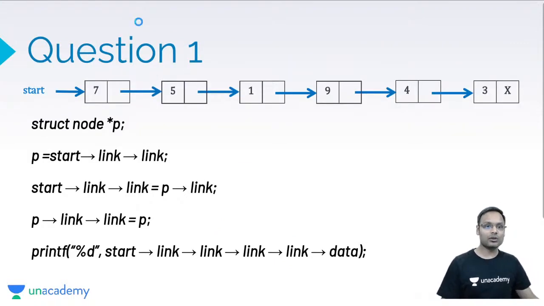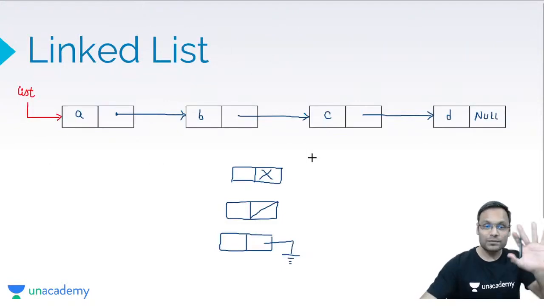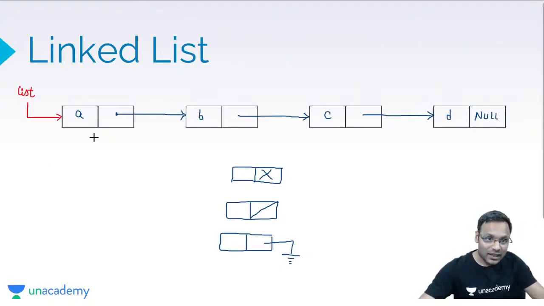How does access of the linked list happen? Let's say this is my linked list, and I want to access this data part. How can I access it?